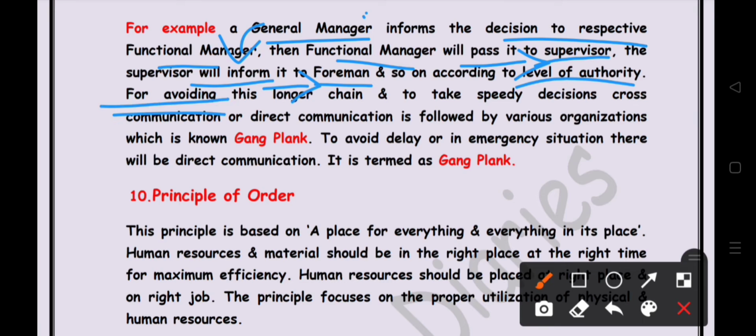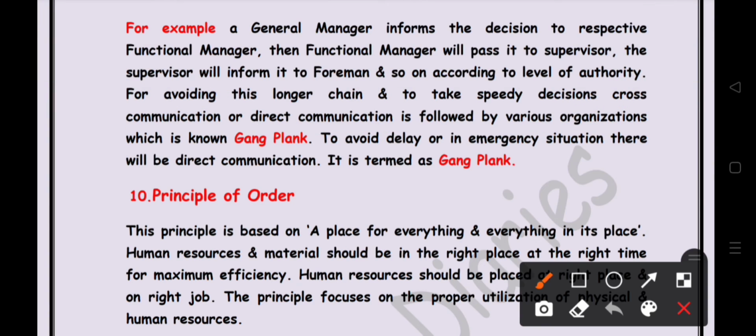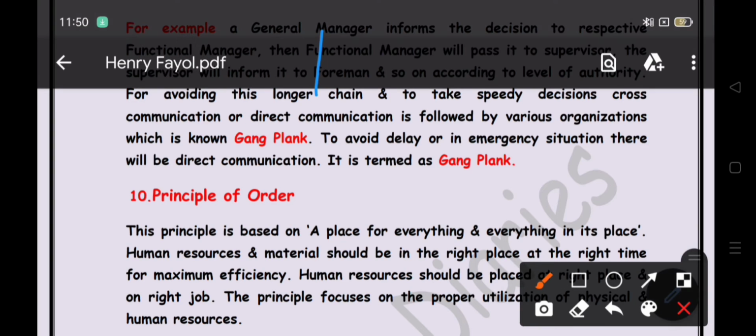But to avoid the longer chain and take a speedy decision, cross communication and direct communication are followed by various organizations. So in this case, the general manager will directly give his message to the foreman to avoid this longer chain.